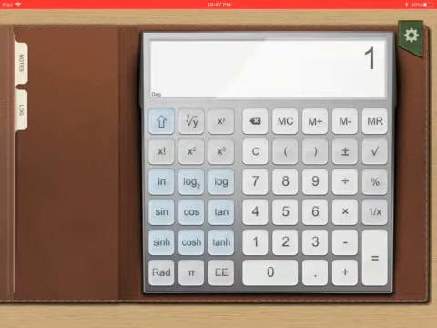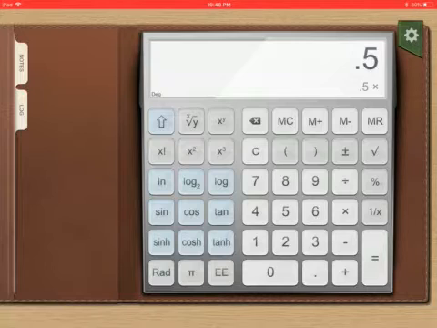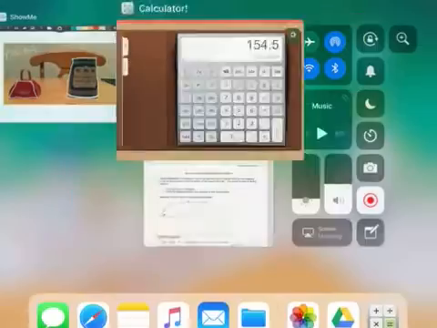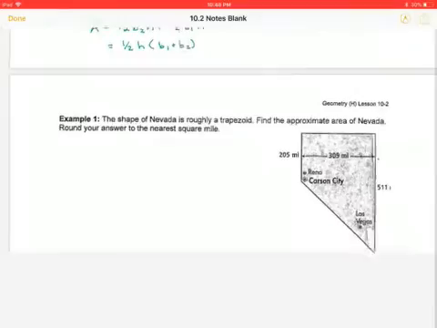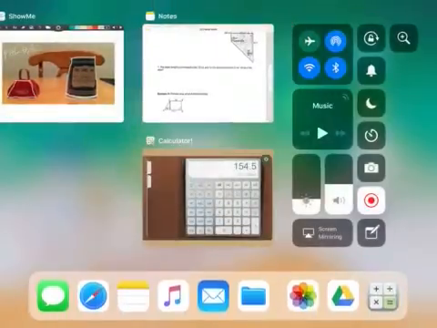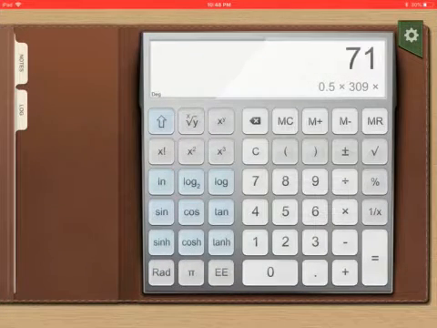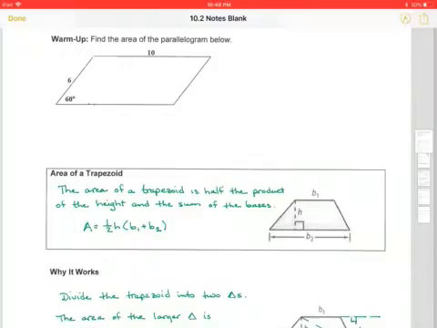So let's just do 0.5 times 309. Multiply that with, what was it again? 716. Yep. 716 gets us 110,622.